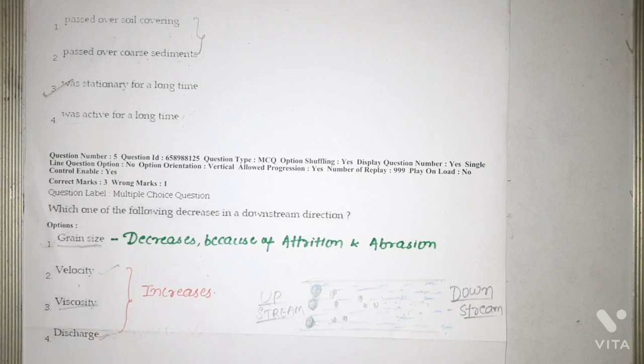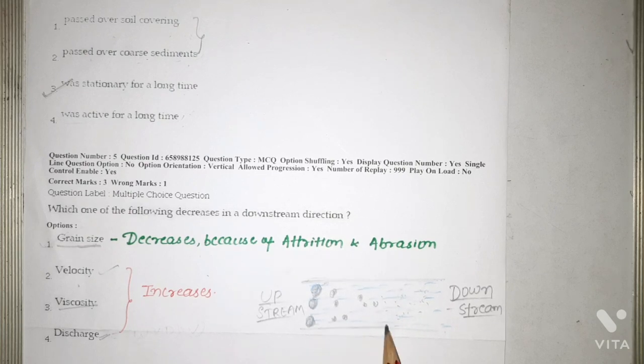Viscosity of any current or water involves dissolution of finer particles. Going downstream, the fluid becomes more viscous because of finer particles produced by the breakdown of coarser material. So viscosity also increases in the downstream direction.